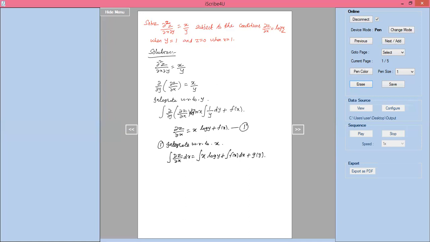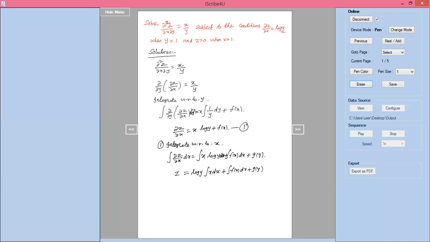Now the integration of dou z by dou x into dx should be z. Taking log y outside, the integration of x dx plus the integration of f of x dx plus g of y.